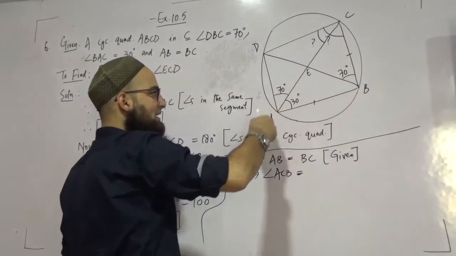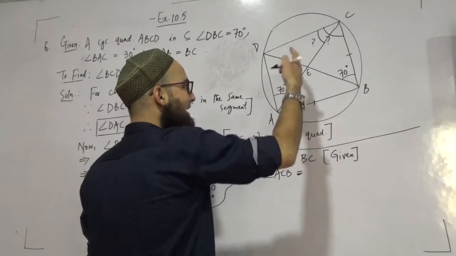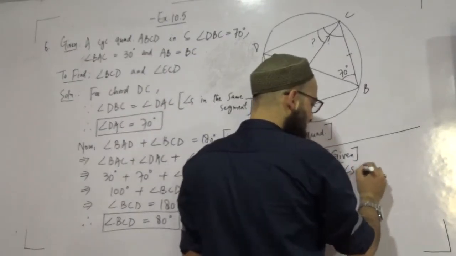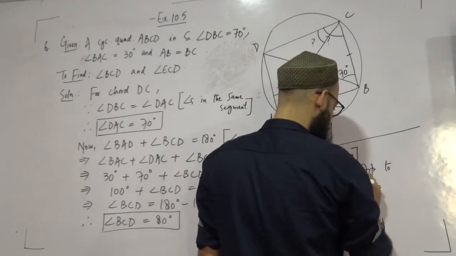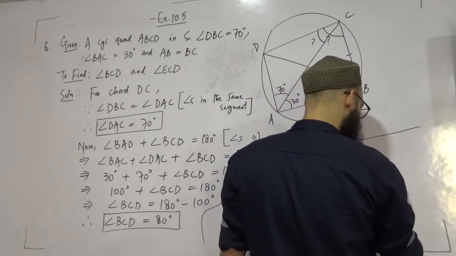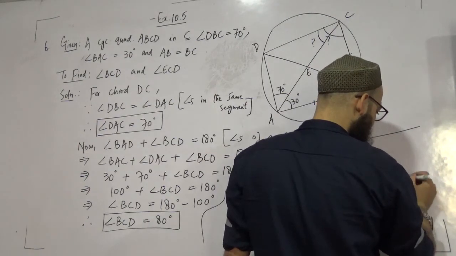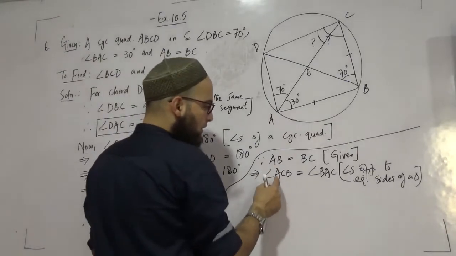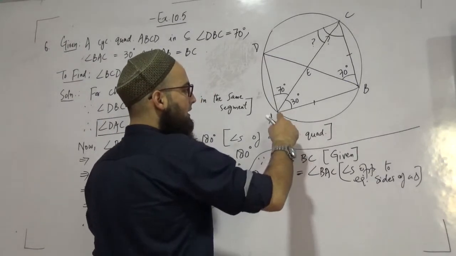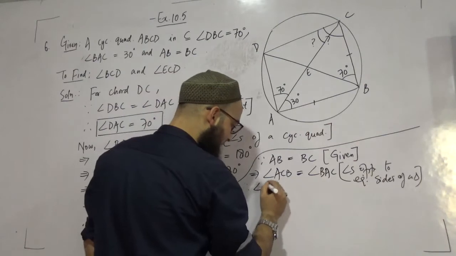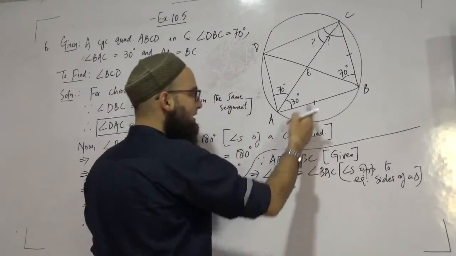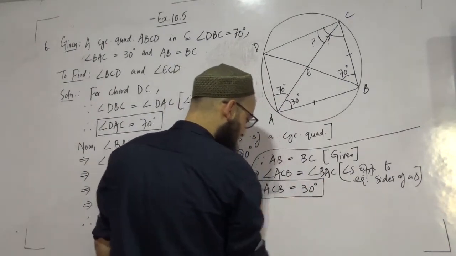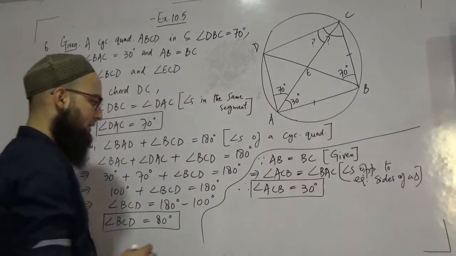Angle opposite to BC is angle BAC. Angles opposite to equal sides of a triangle are equal. Therefore, angle ACB is equal to BAC. We know BAC is 30 degrees. That means ACB is 30 degrees.